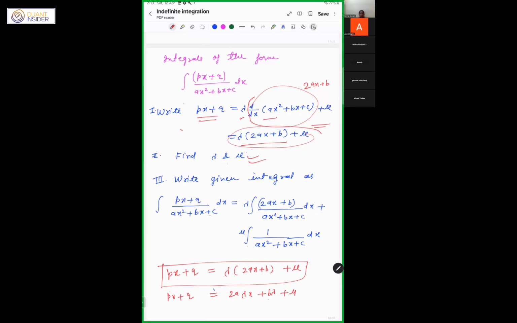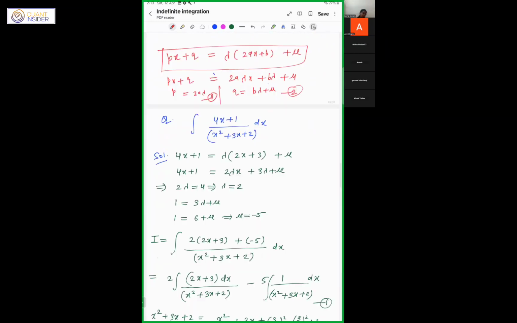So you compare the coefficient of x: p equal to 2a lambda, and you compare the constant terms: q equal to b lambda plus mu. Suppose this is the first equation and this is the second equation. The first equation gives lambda. Using that in the second equation will give the value of mu. So I am going to discuss with you one example based on it.